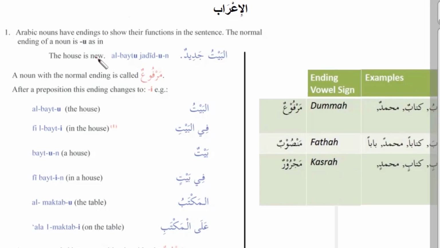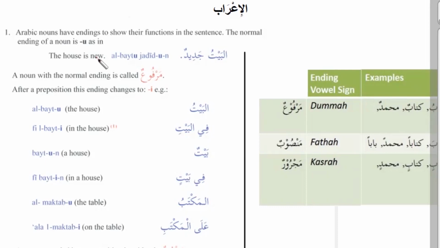Let me give you an example. You can see that we can have kitabun, kitaban, kitabin. You see, we can have 3. Kitabun with dhammatain on the last letter, kitaban with fathatain on the last letter, or kitabin with kisratain on the last letter.